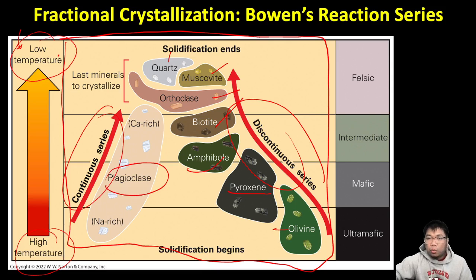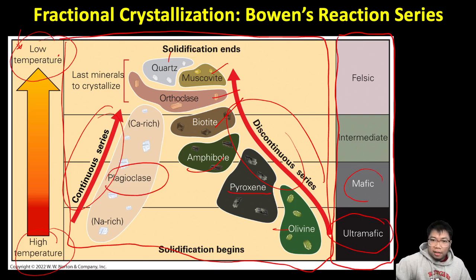And here on the right side of the Bowen reaction series, this right panel, it actually represents the name of the rocks. Okay, so this is actually the name of the rocks based on its composition. Okay, we have ultramafic, mafic, intermediate, and all the way to felsic composition.